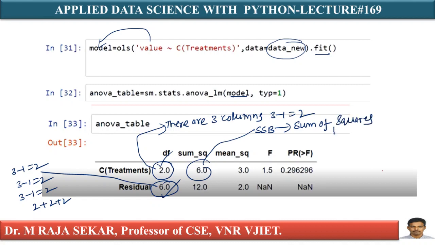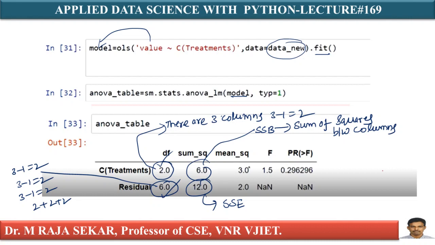I already calculated it manually in lecture number 167, just refer to it. Now, what is my 12.0? This is SSE, sum of squares due to error.